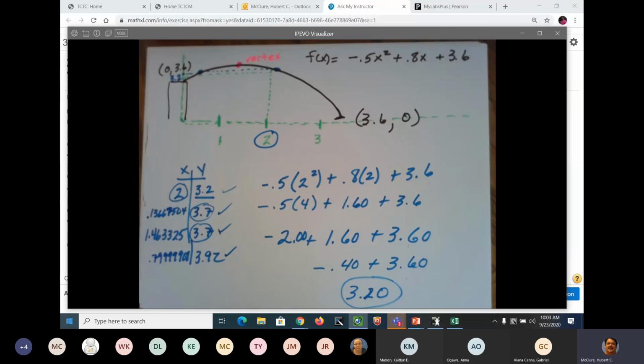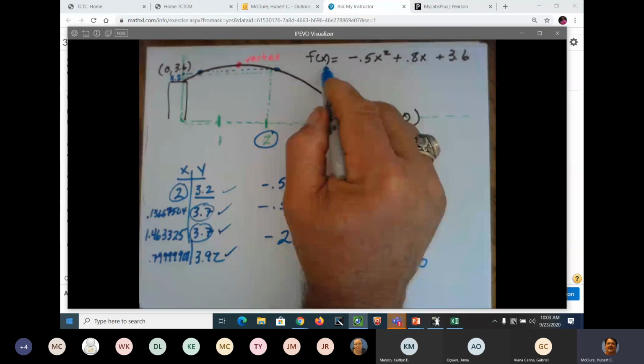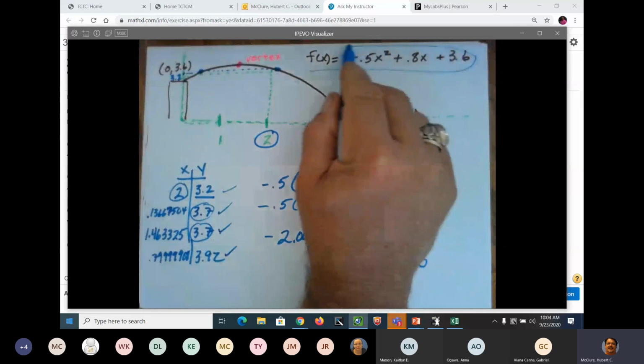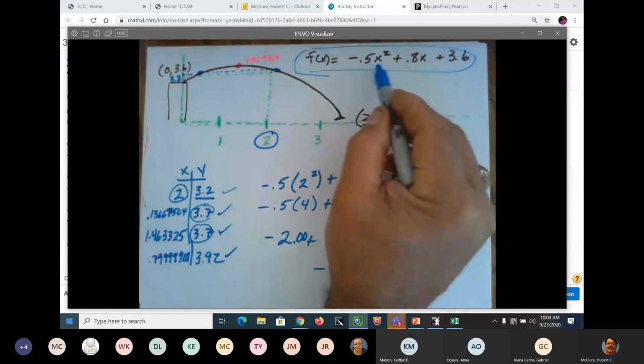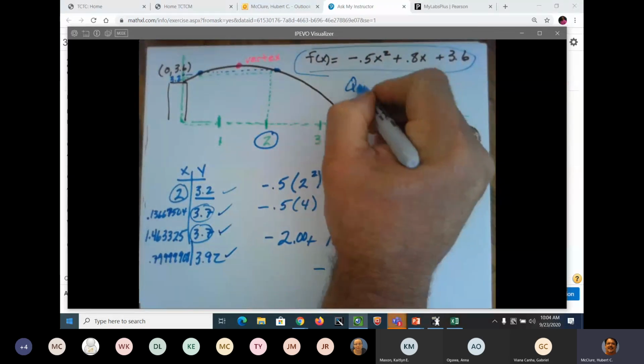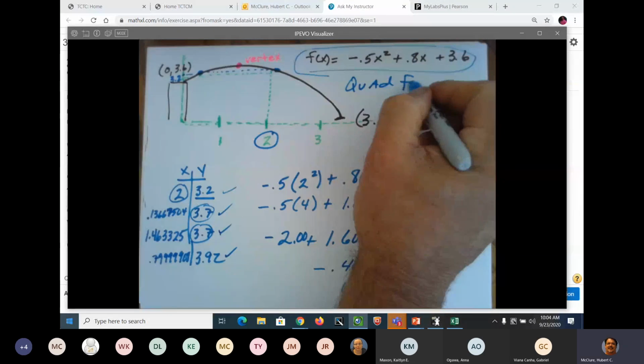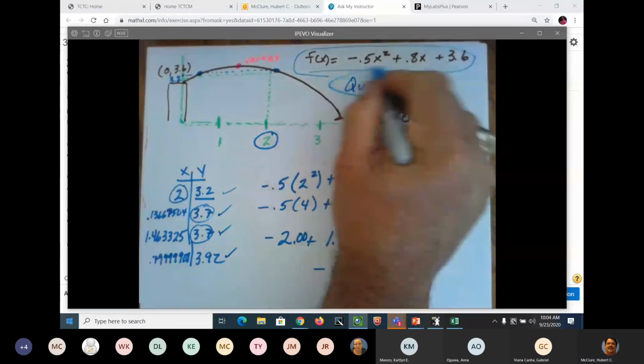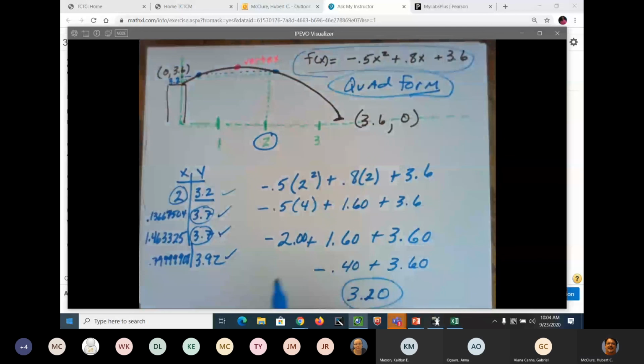Okay. Now, notice that this is decimals. So the best way to do this problem is the quadratic what? Quadratic formula. Okay. So if you did want to find the x-intercepts or the vertex, you would use the quadratic formula and do negative b over 2a, plug that back in and get the vertex.